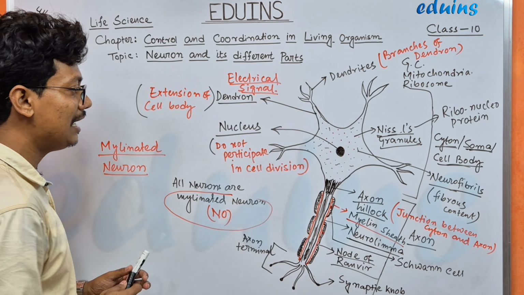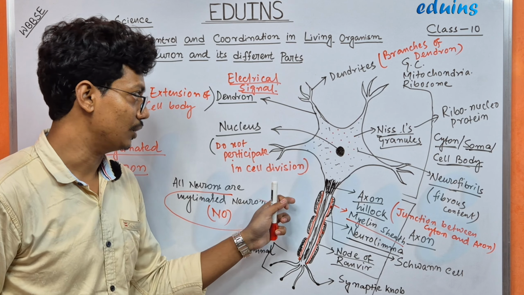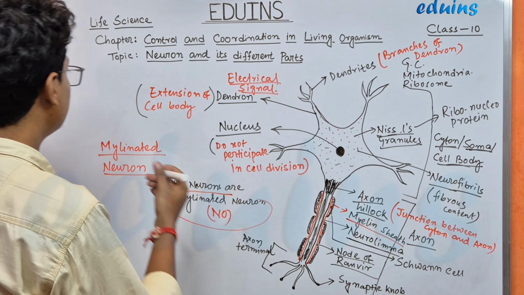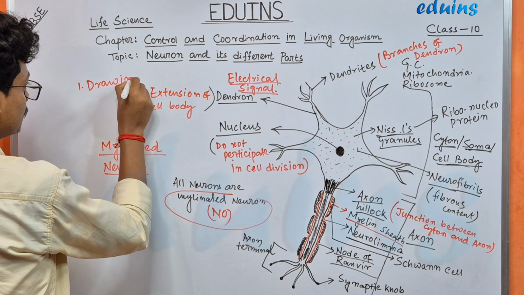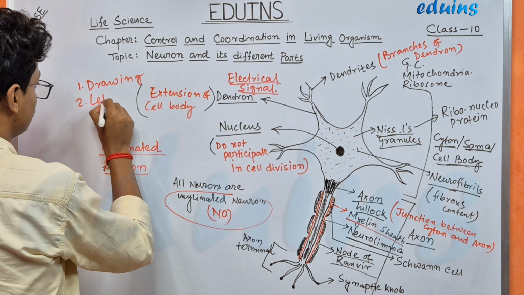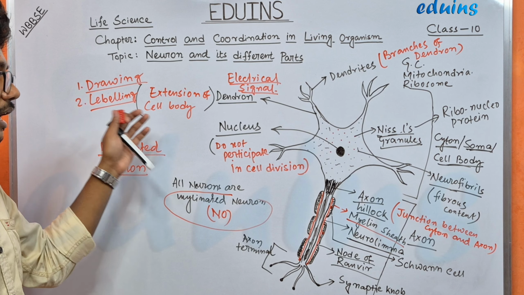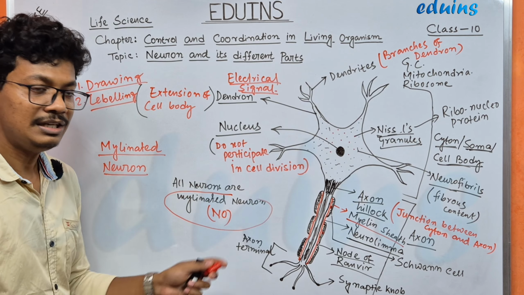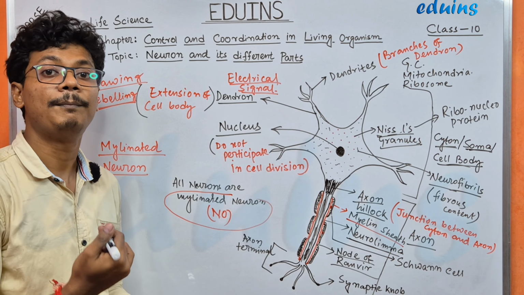So this is the structure of a neuron, and these are the different parts of the neuron. This is very important for your exam, either drawing or labeling. You have to draw the whole figure, or the figure will be provided in the question paper and you have to label the different parts.